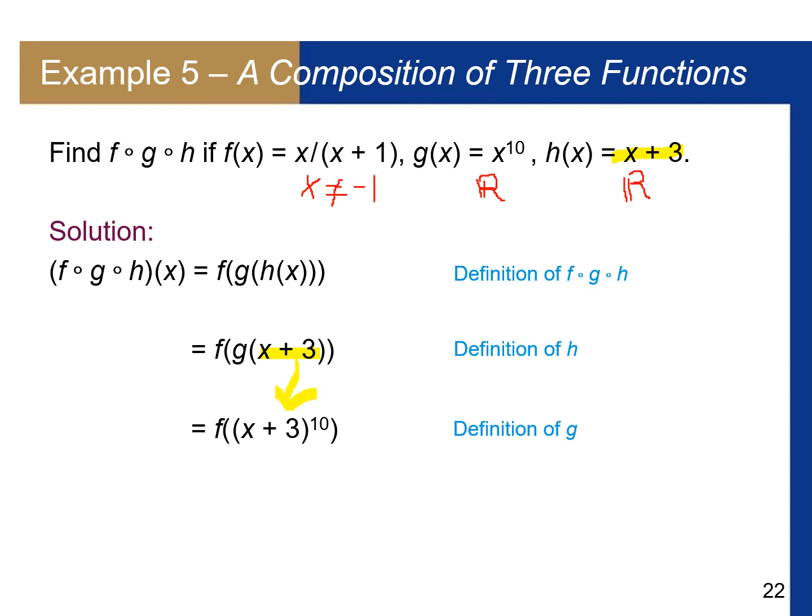And then finally, wherever there is an x in f of x, let's look back up here, that would be right here on the numerator and in the denominator. I'm going to put this value in for x. So it will go on the numerator here, and it will go in the denominator here.